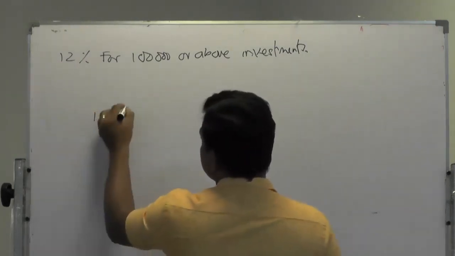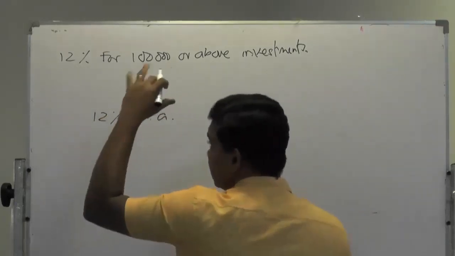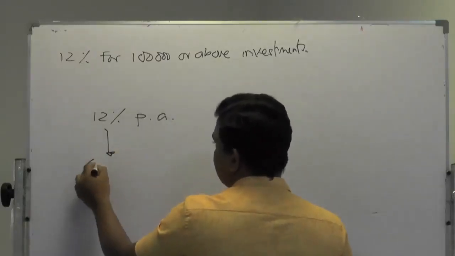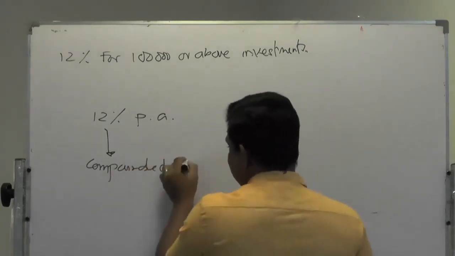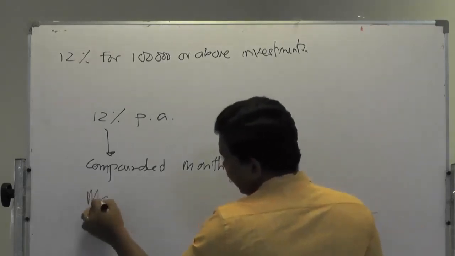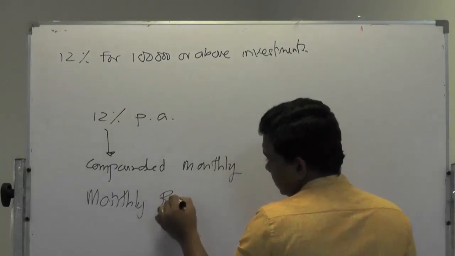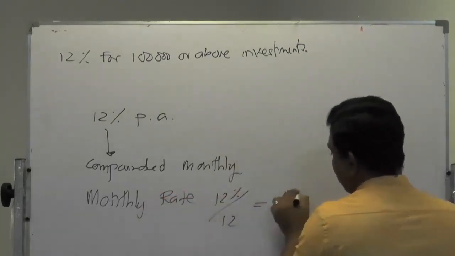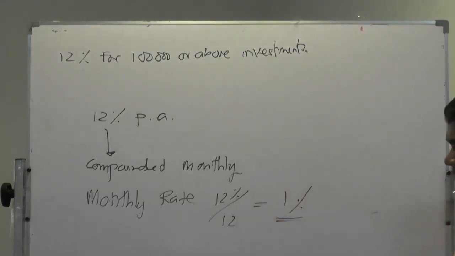Now 12% is per annum, right? If it is compounded monthly, the monthly rate will be 12% divided by 12, therefore 1%. Monthly rate will be 1%, right?